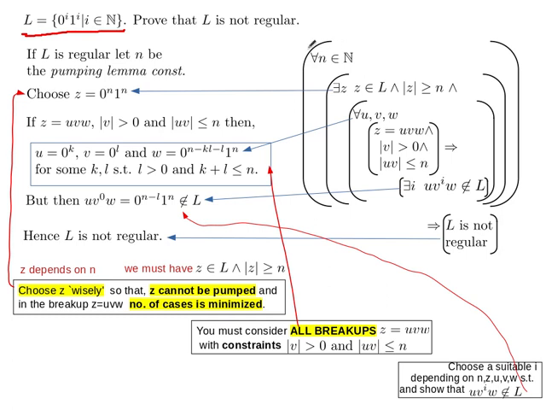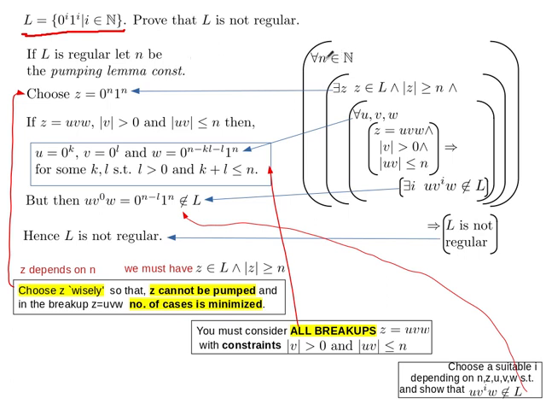We need to show that for all integers n, there exists some string z in the language with length at least n, such that if you take all possible breakups of z with the constraints that v is not empty and uv has length at most n, with these constraints, for all breakups, we should be able to find some i such that u v^i w is not in L. Okay, so if we can show this for our language, then we can conclude that L is not regular.